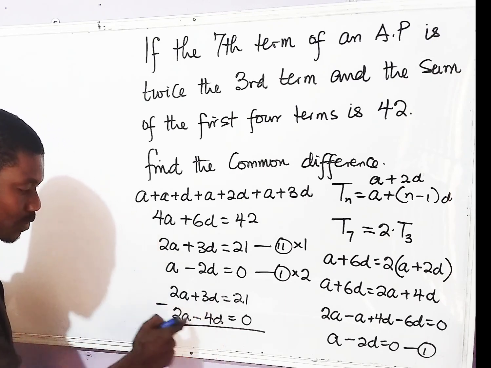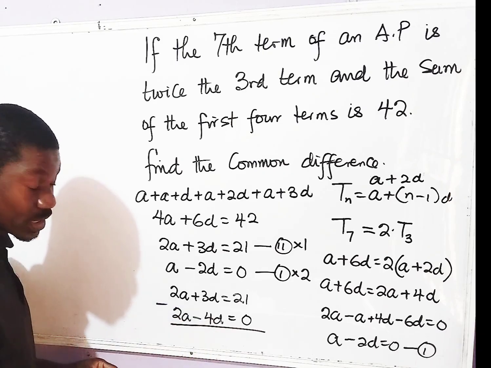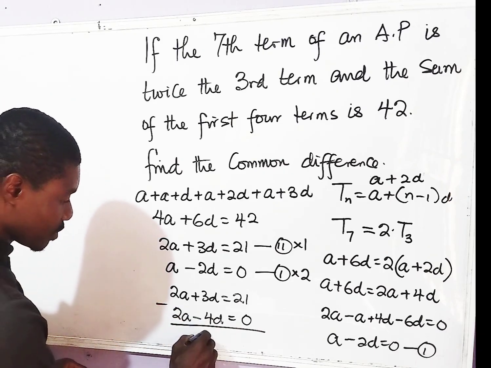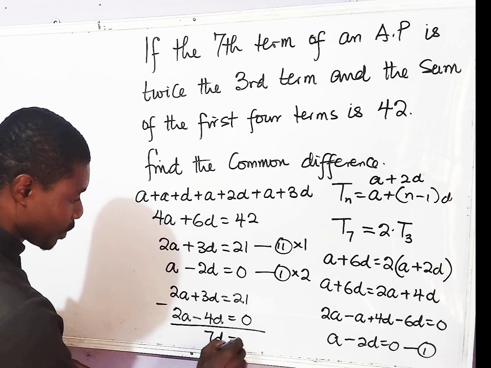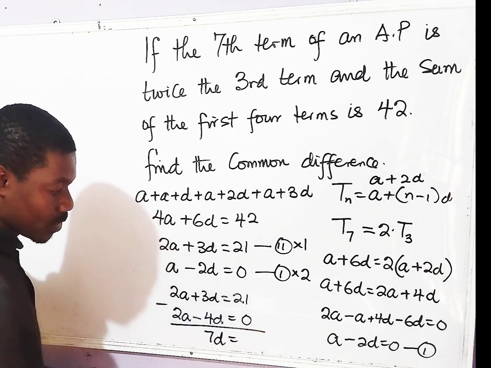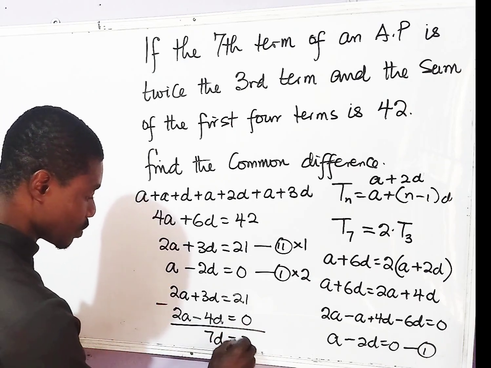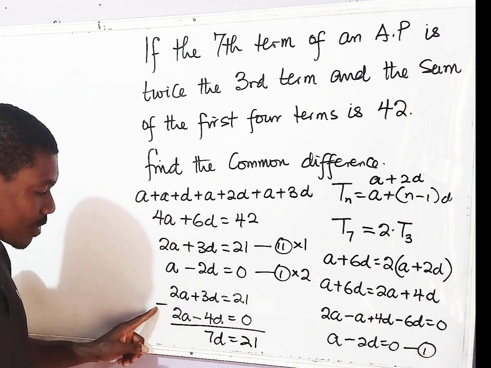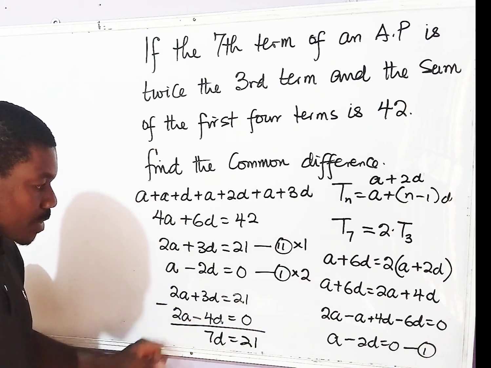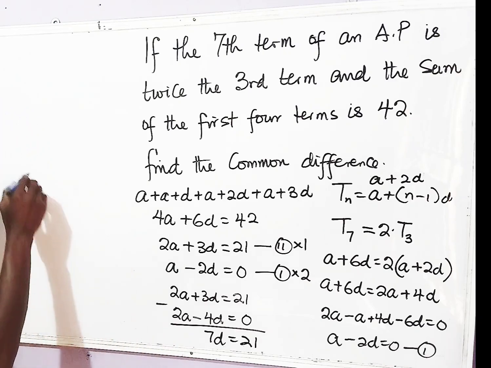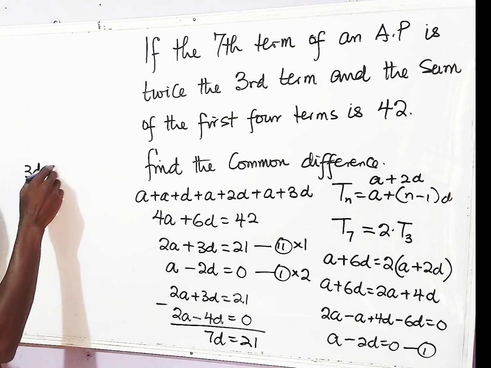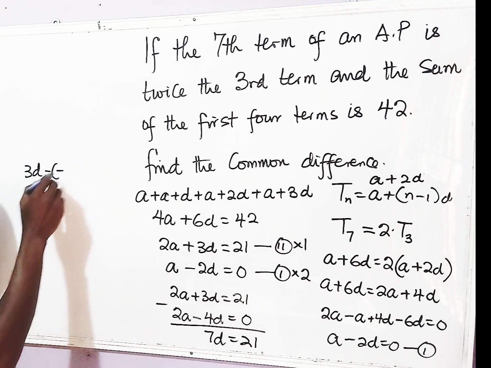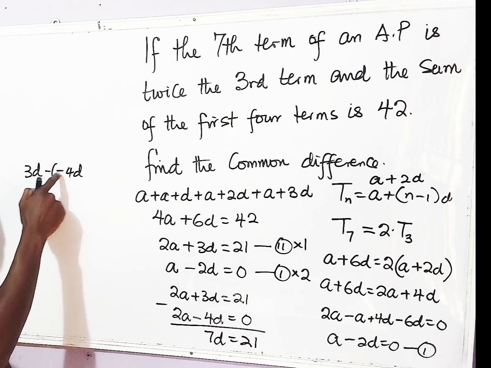So 3d, take note this is positive, 3d minus minus 4d. This will give us 7d. You might be asking why. 21 minus 0 gives us 21. Now this is because minus times minus gives us plus.